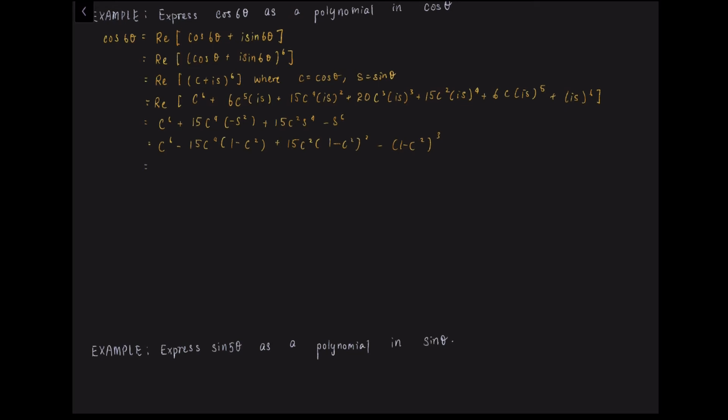And we can expand the (1 minus c squared) squared and (1 minus c squared) cubed using again the binomial theorem.